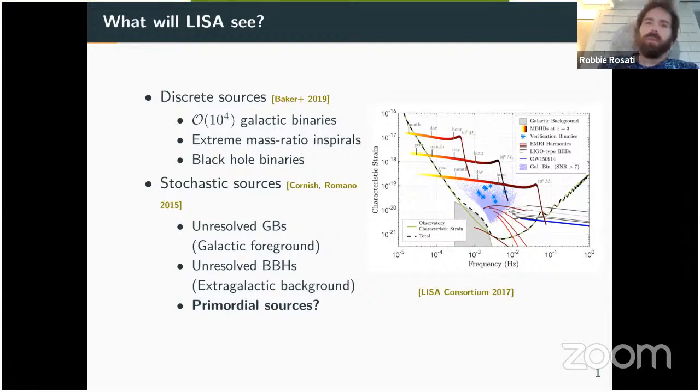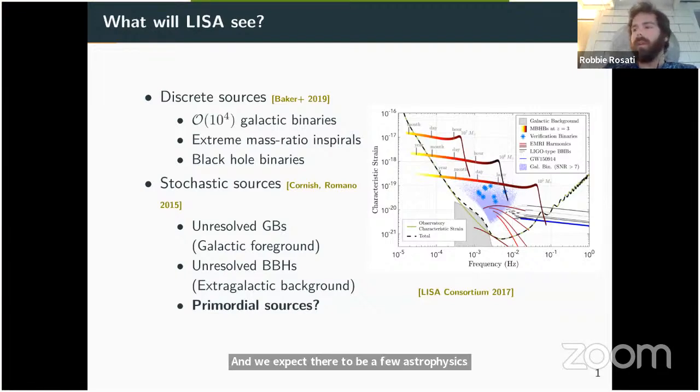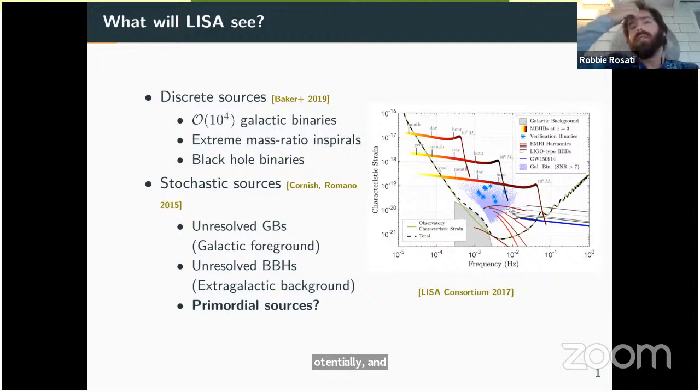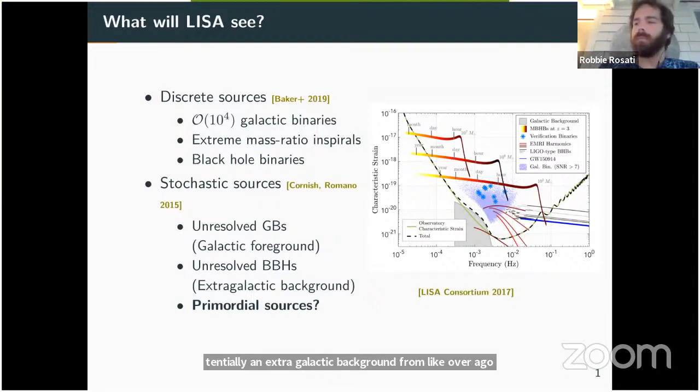And we expect there to be a few astrophysical sources: the unresolved galactic binary foreground, potentially an extragalactic background from LIGO Virgo band spiraling black holes. And on top of that, we might as well have some primordial sources, which is mostly what I'm going to be focusing on.